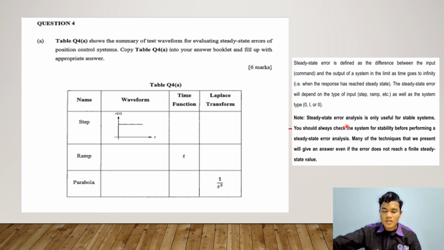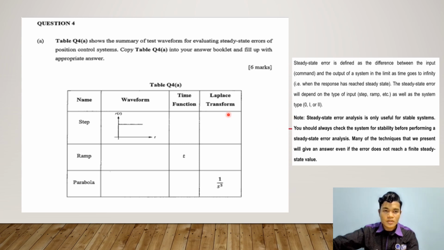Note, steady state error analysis is only useful for stable systems. You should always check the system for stability before performing steady state error analysis. Many of the techniques that we present will give an answer even if the error does not reach a finite steady state value.